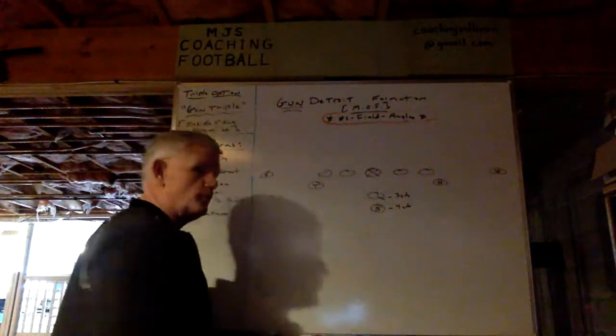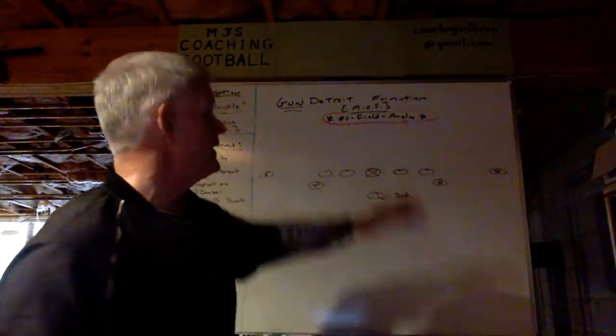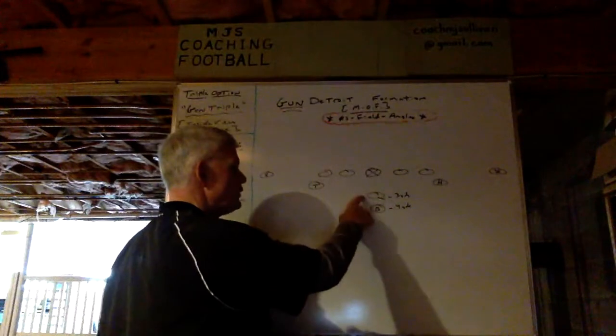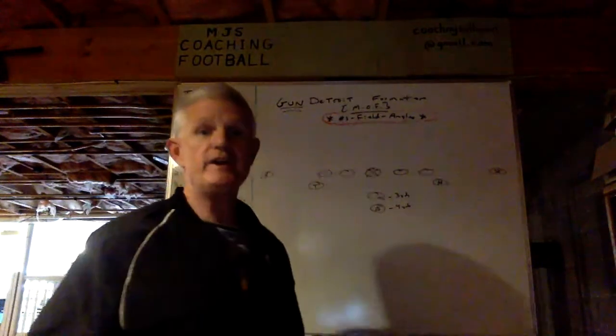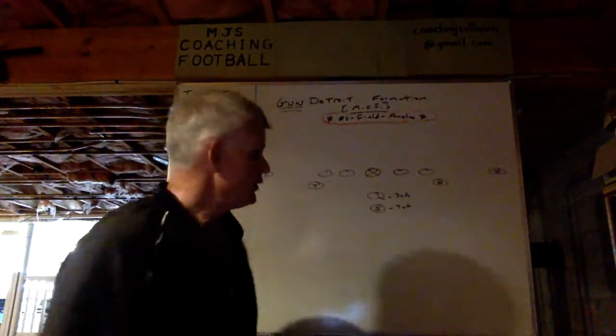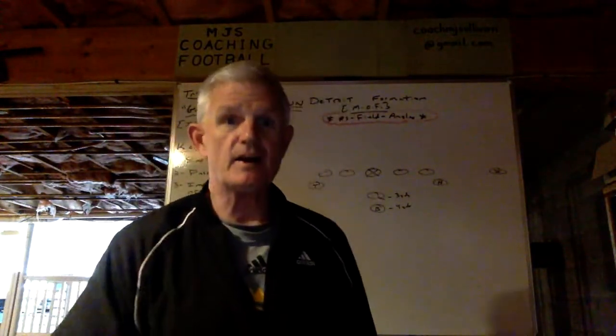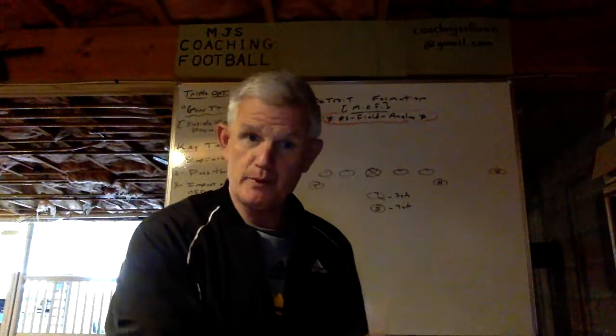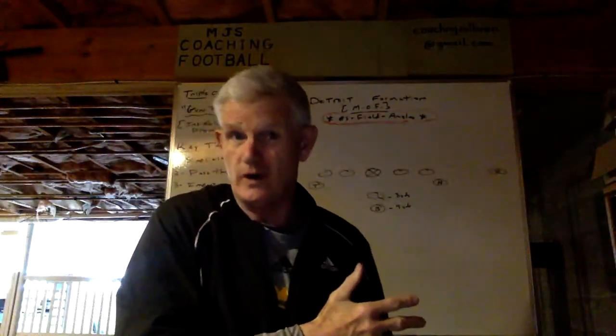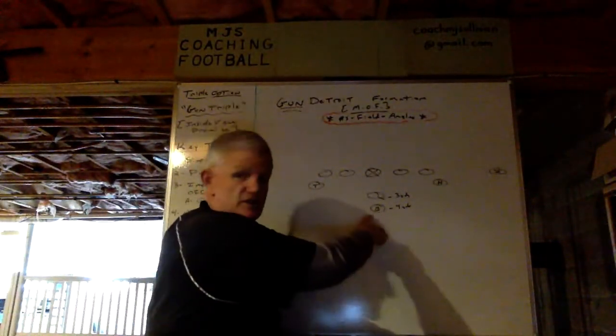So here, what is the effect? Let's start with that. Gun Detroit. The quarterback is at 3 yards. Normally, when the quarterback's under center, the B-back puts his hand down 2 yards behind the quarterback. That puts his heels at about 4. He stays at 4.